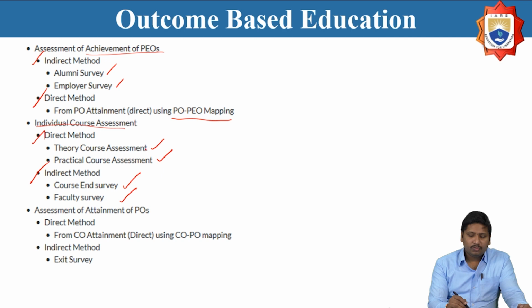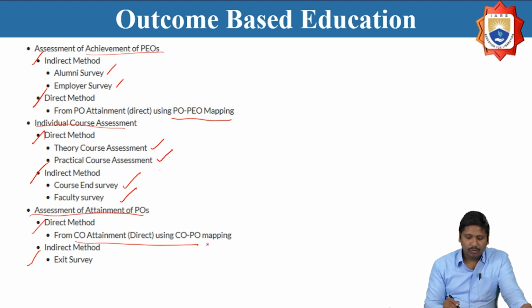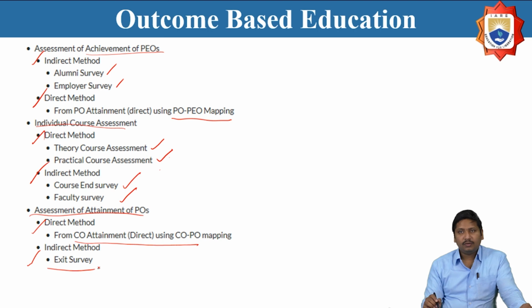So direct means you can do theory course assessment and then practical course assessment. Indirect means you can perform it through course end survey and faculty survey. And we are going to attain the POs here. For this, we also have direct and indirect. For the direct one, CO attainment using CO-PO mapping, and for indirect, it exists.